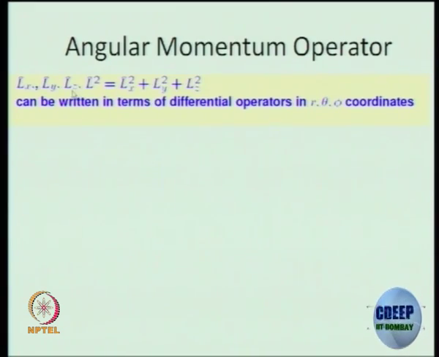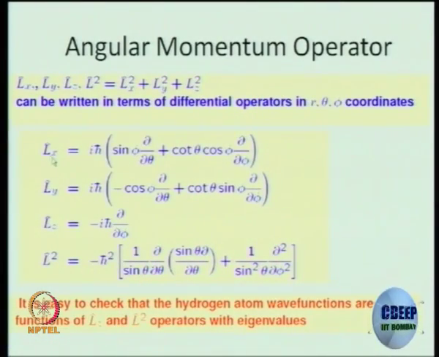What is Lz in spherical coordinates? Please check this, it is just a change of variable: write r cross p, the x component, in terms of theta and phi, similarly Ly, and Lz will be minus i h cross del by del phi.